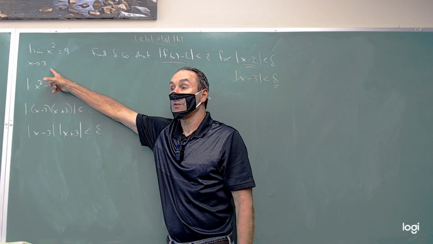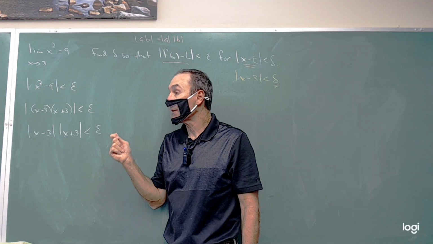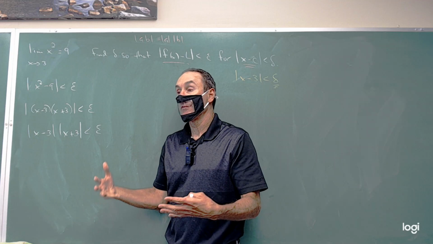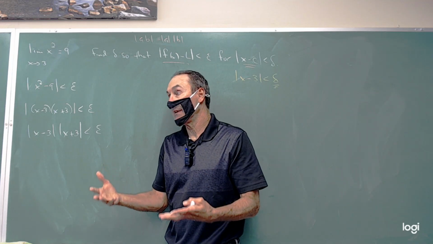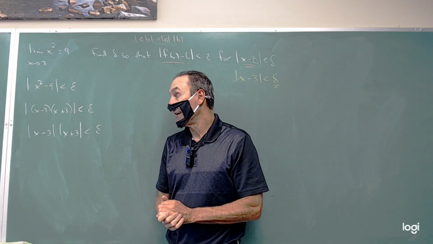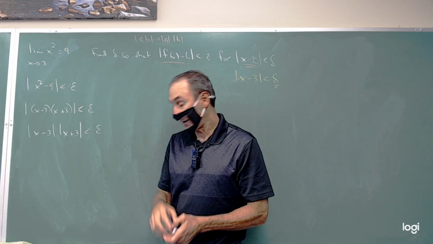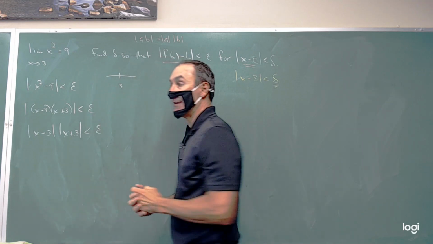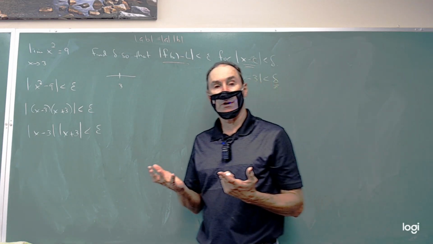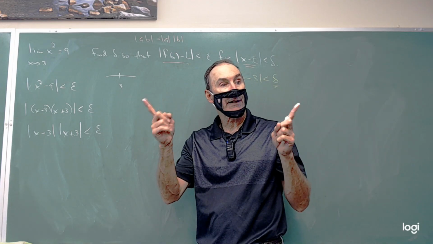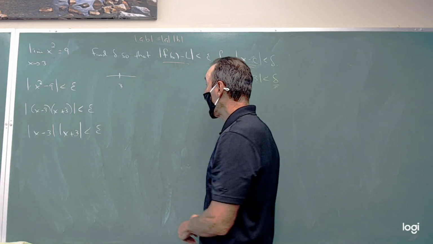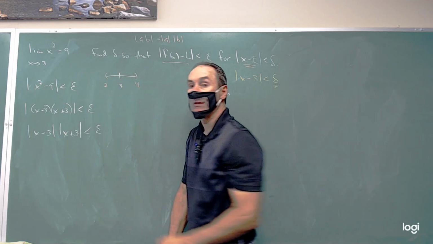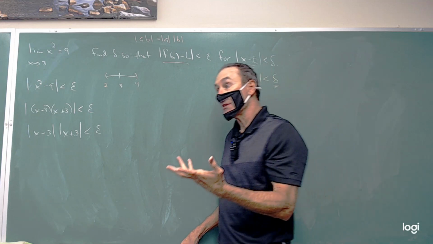Since we're only really interested in the values of x that are close to 3, we have the freedom to say what we mean by close to 3, and you just have to communicate that. For our purposes, close to 3 can be within 1 on either side, between 2 and 4.